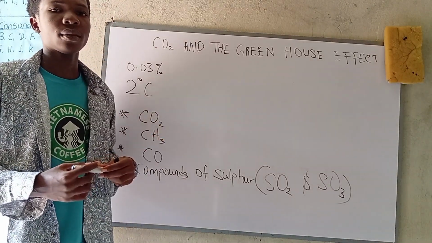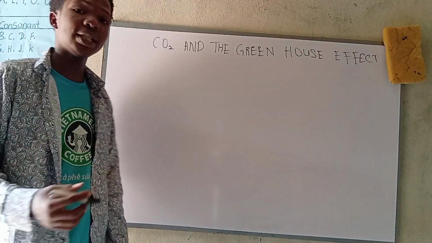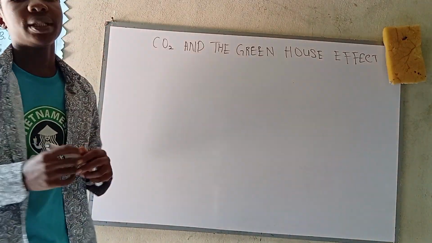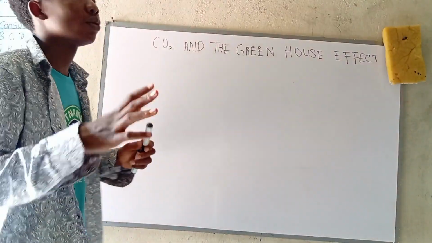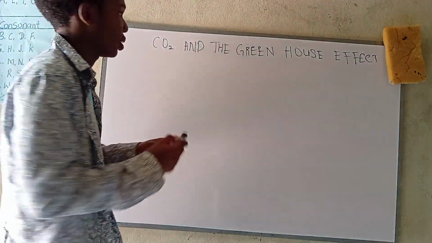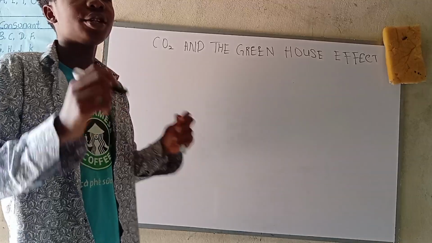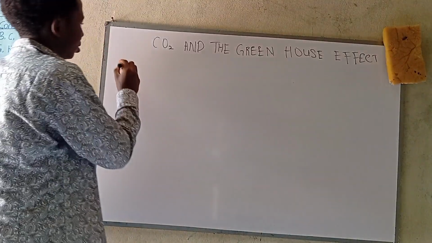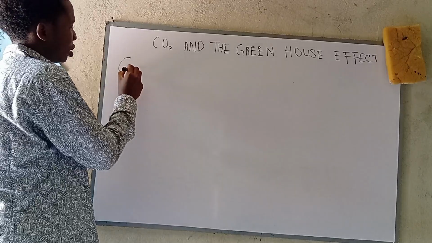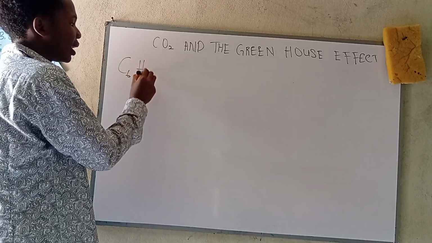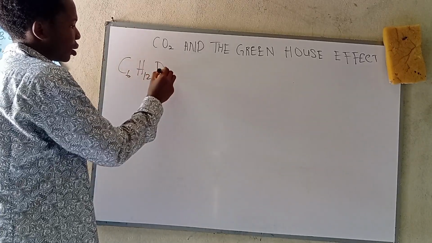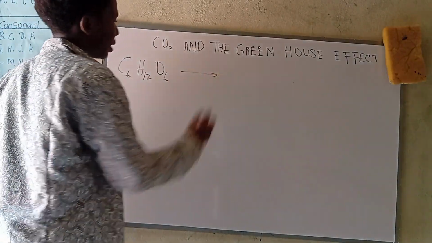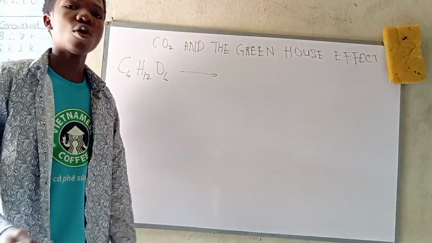Alright, before we move on to the uses of CO2 and finally the trioxocarbonate, first of all, I want you to know this. It's just for you to know it. It's not really an industrial preparation, the major industrial preparation of CO2. When sugar, this is the formula for sugar, is fermented, it will form what?